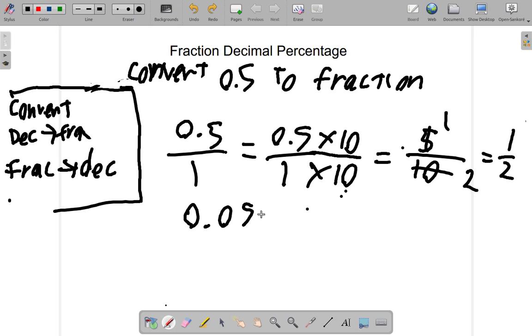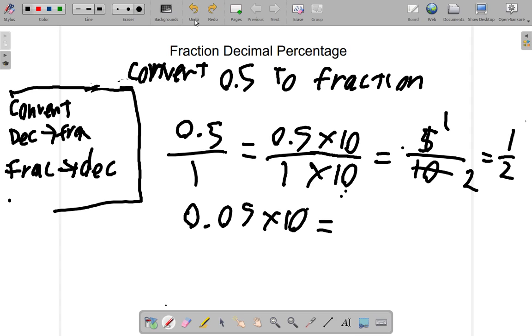What would you do? What would you multiply this by to get a whole number? You can't multiply it by 10, because when you multiply this by 10, up top here you're going to get 0.5. So it can't be by 10. You need to have a whole number.